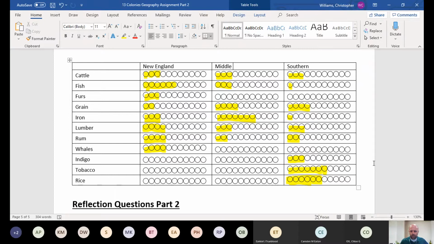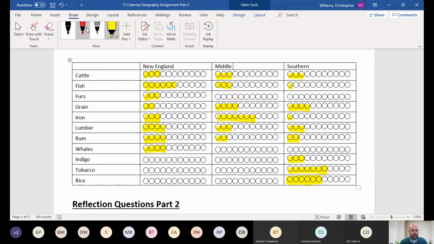And if we take a look at the categories, a lot of these are going to be involving trade. So when we think about trade, lumber is a big one. Rum is a big one. Furs, fish. These are a lot that we're going to see where these are going to be bought and sold.